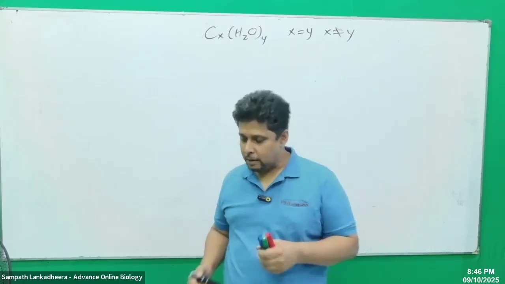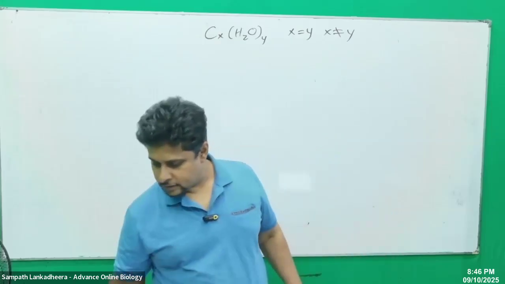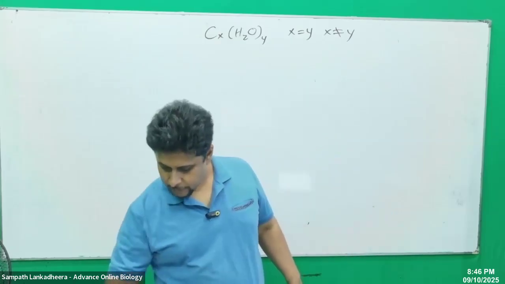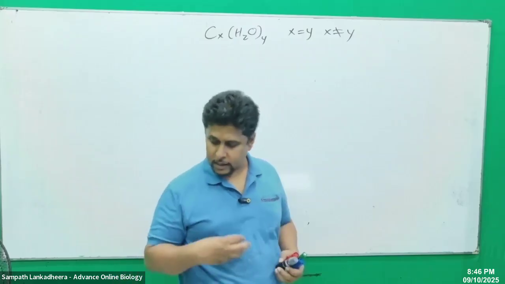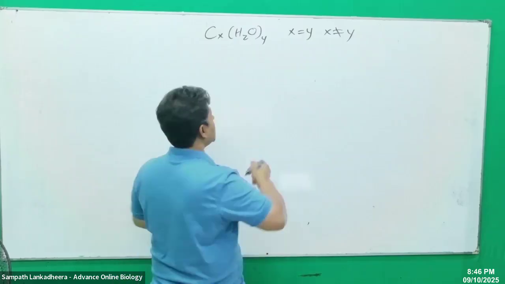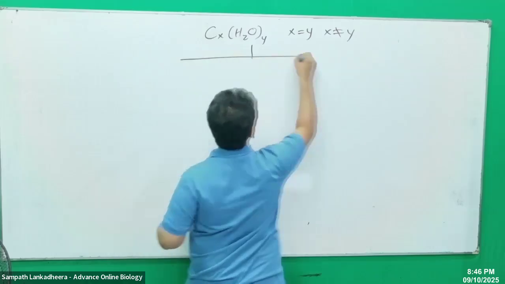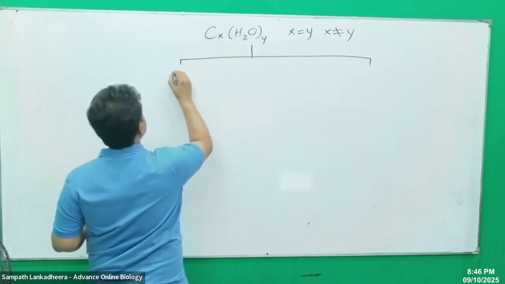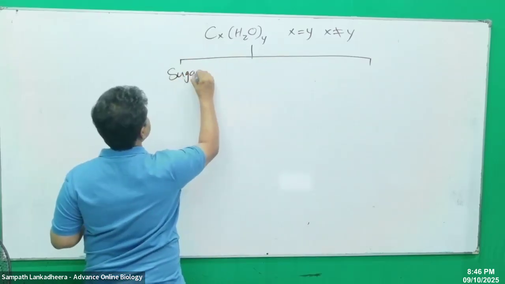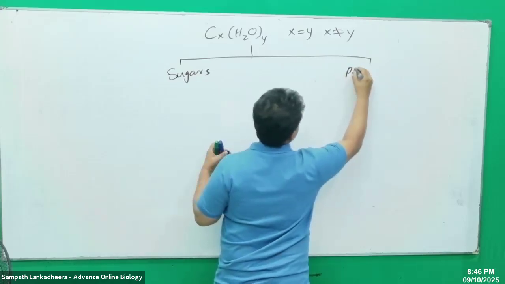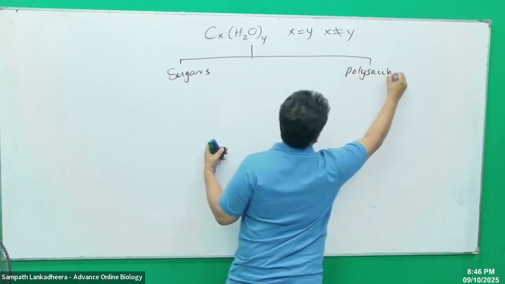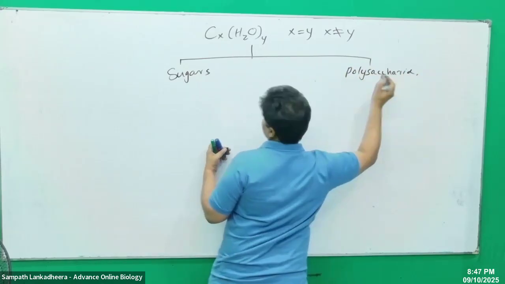Now look at these, people, carbohydrates. We classified carbohydrates as sugars and polysaccharides.